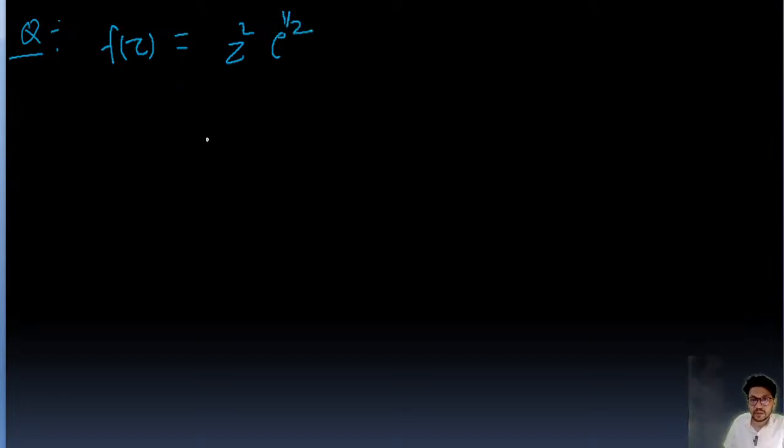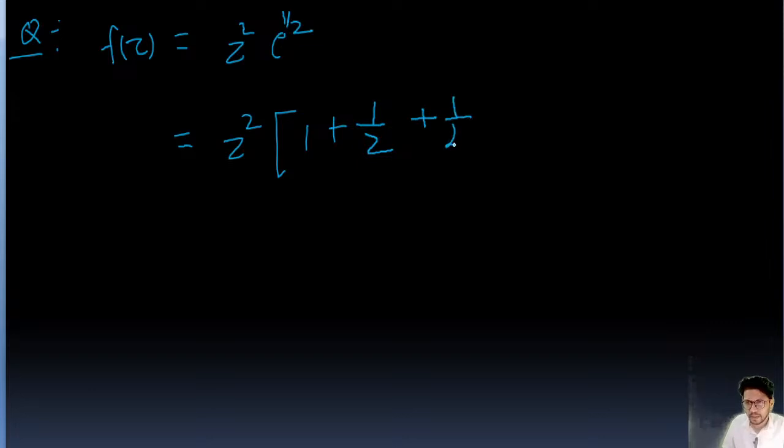Okay, so how are we going to solve it? We'll expand e to the power 1 upon z. So this is going to be 1 plus 1 upon z plus 1 by 2 factorial z square plus 1 by 3 factorial z cube plus so on.